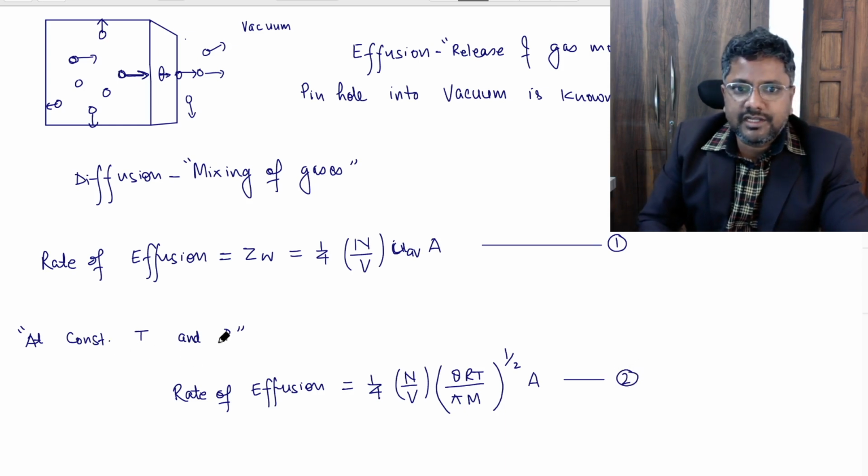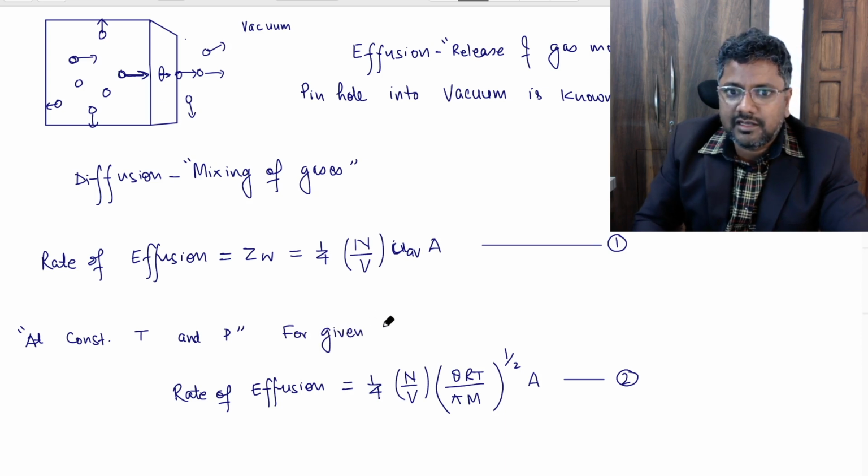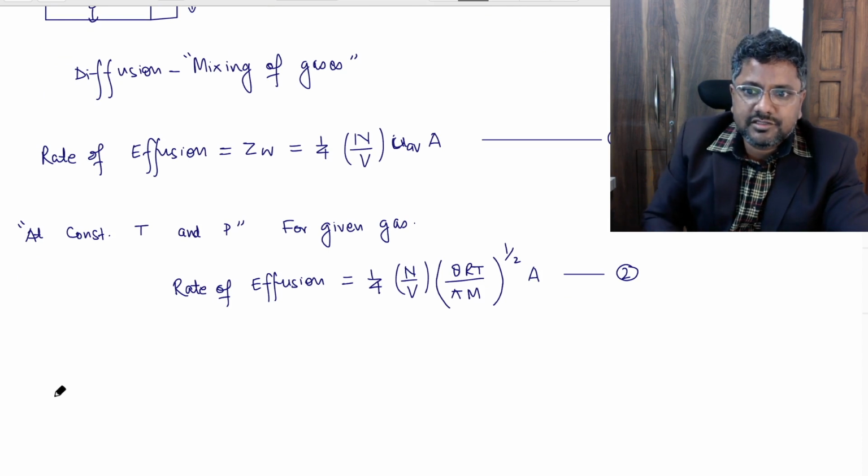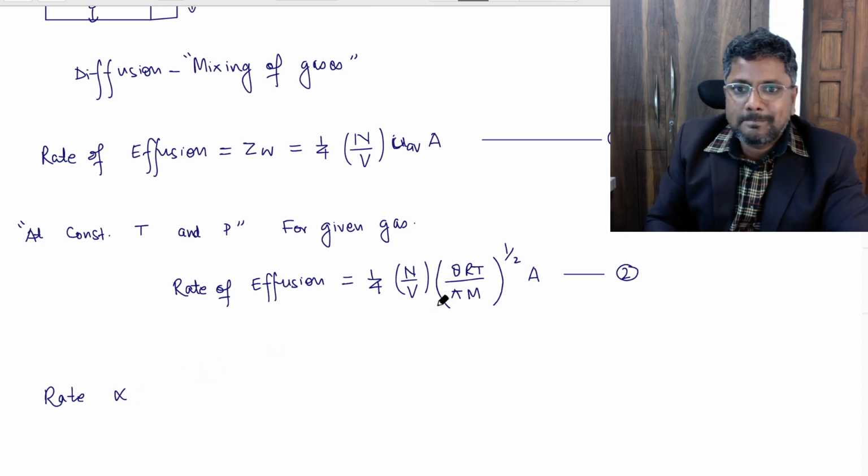At constant T and P for a given gas, we can write here rate is directly proportional to 1 by root of M, or directly proportional to 1 by root of d.